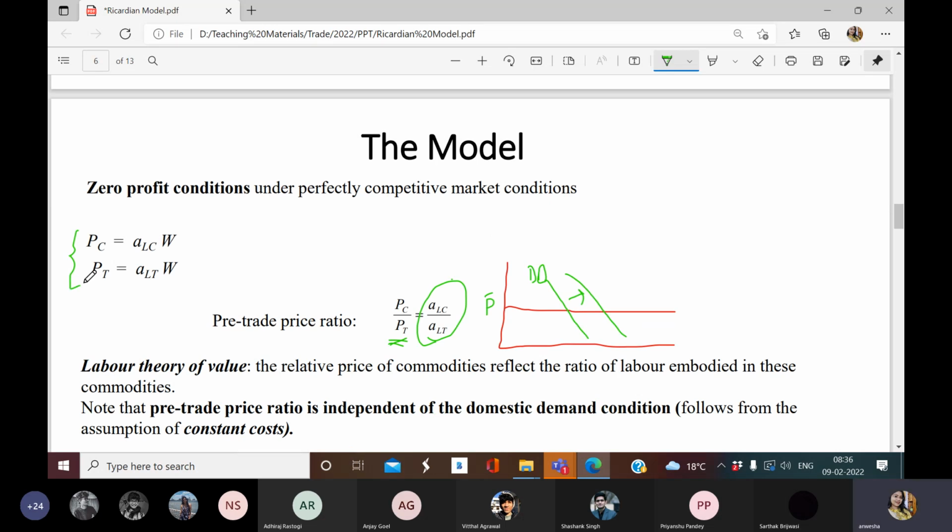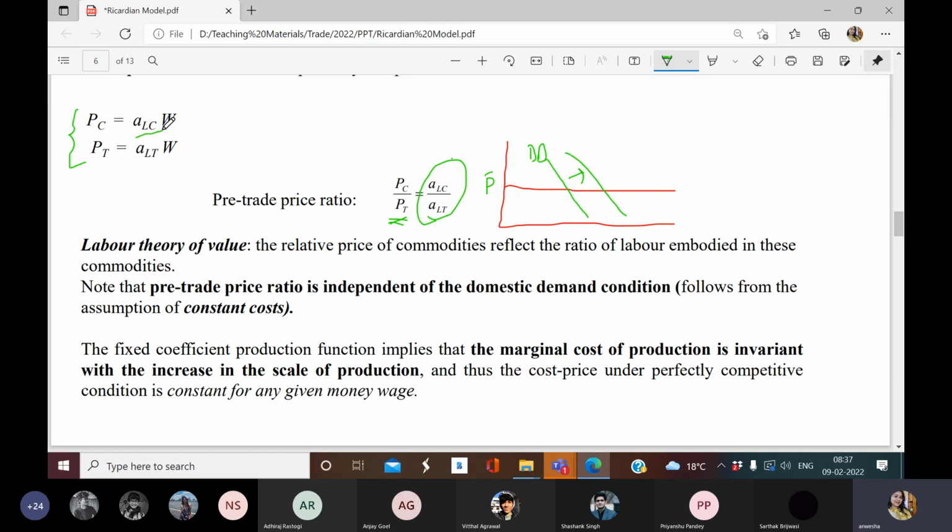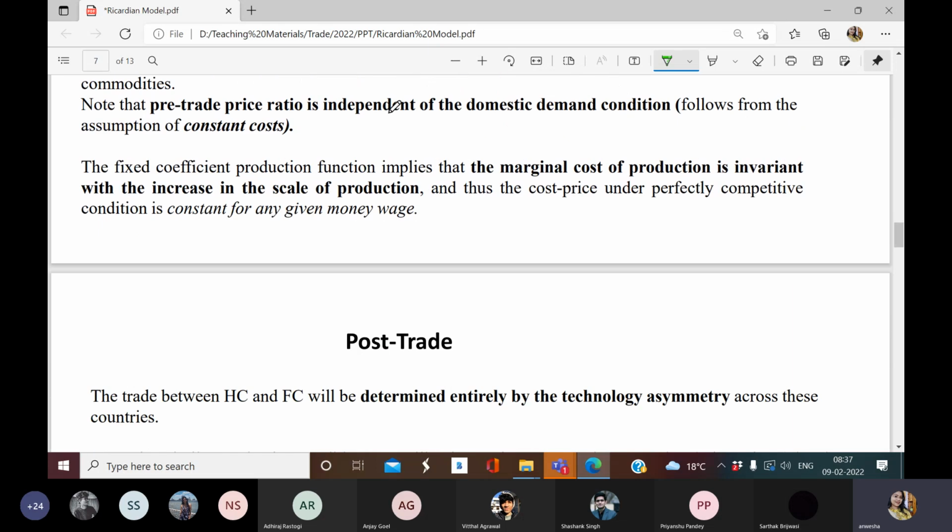The price is equal to the average cost, which is equal to marginal cost. So relative price is the ratio of the amount of labor which has gone into producing the two goods. It doesn't depend on the domestic demand, which is very important, because we have already discussed that the neoclassical trade models are supply side models.